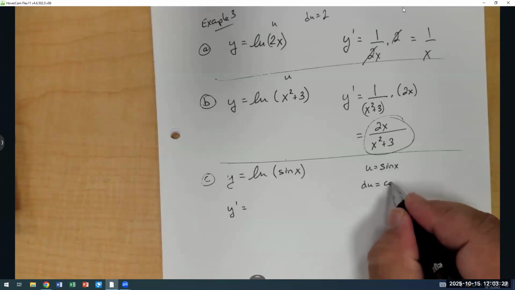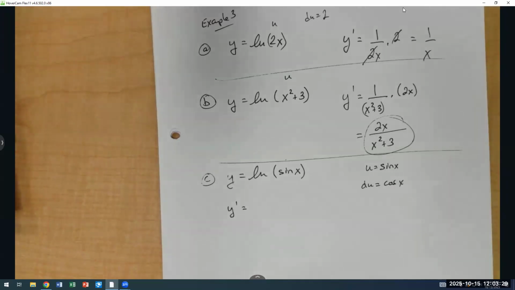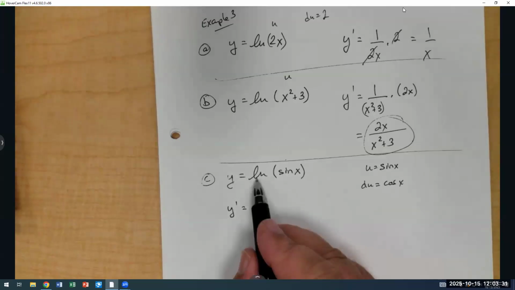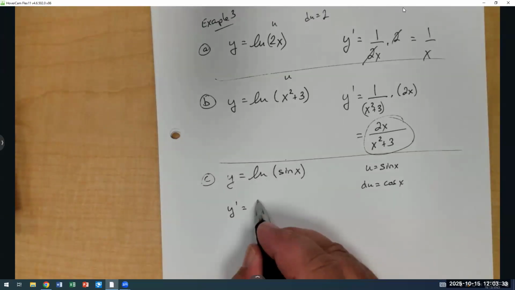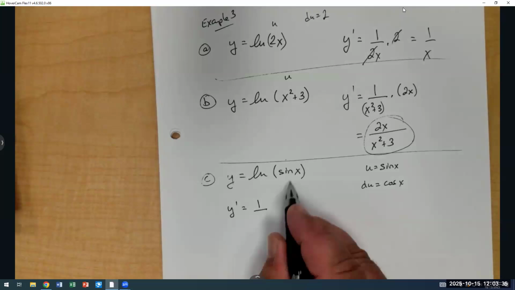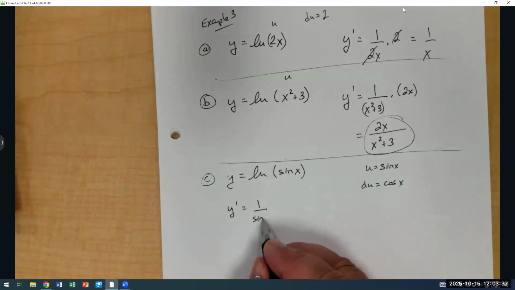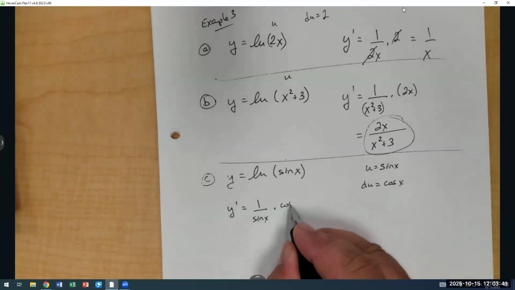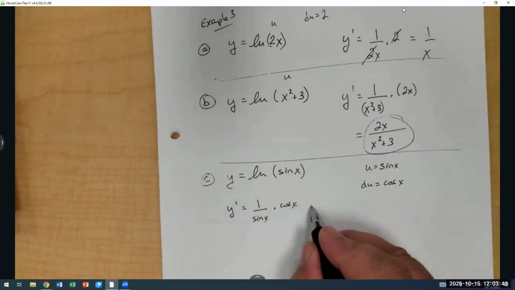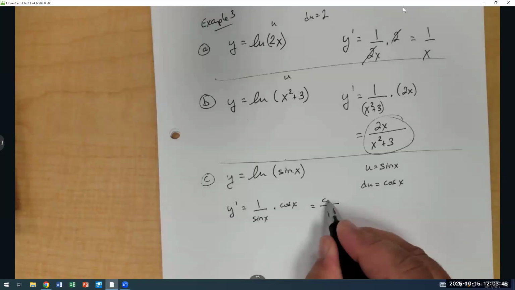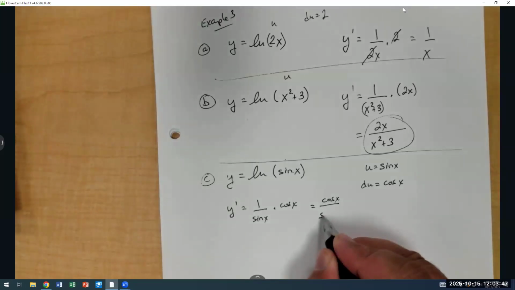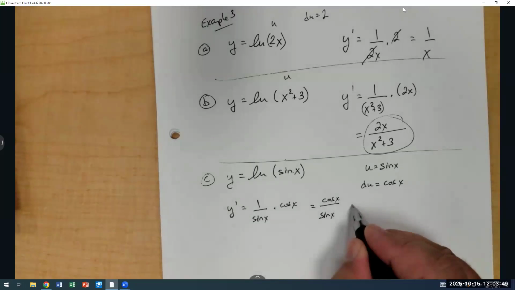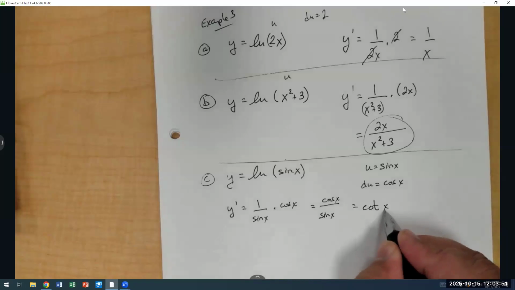Derivative of sine is cosine. So the derivative of ln is 1 over u, which is 1 over sine x, times the derivative of sine x, which is cosine x, which makes it cosine over sine, which makes it cotangent.